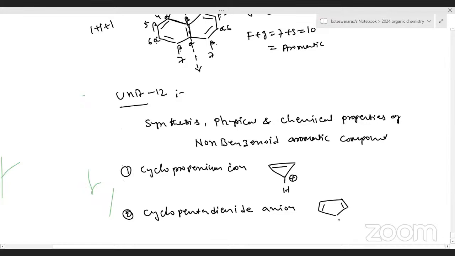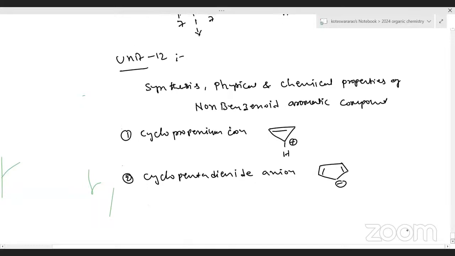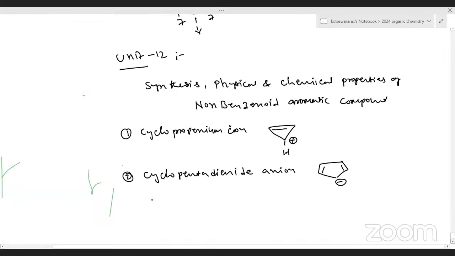It is also very important. This molecule is generally seen in the metallocenes. And the third one, a part of the cyclopentadienyl, is ferrocene. Ferrocene is an example of a metallocene.